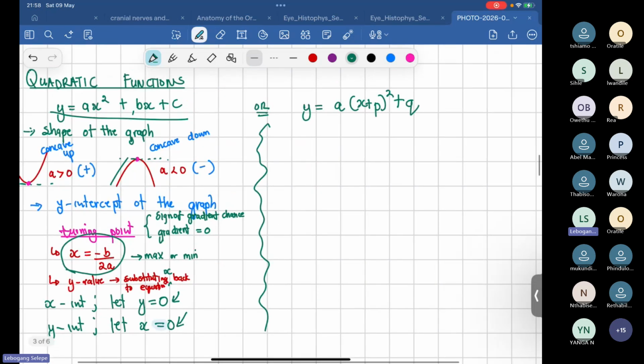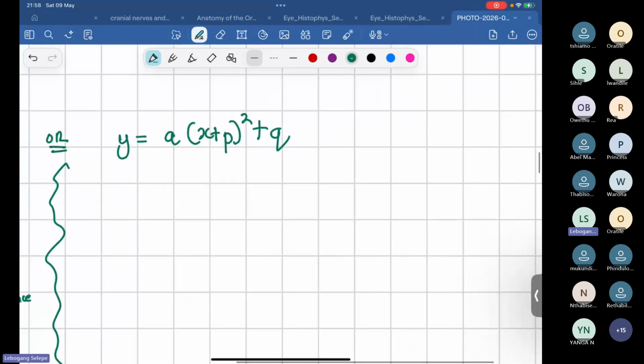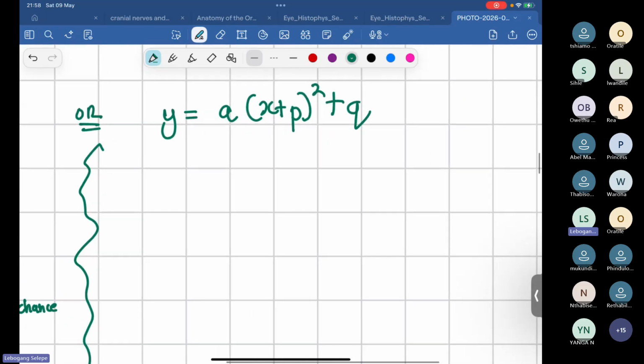Okay, on the right-hand side, again, this is still a quadratic function, or a parabola. But the way in which the equation has been written is different, for a purpose. If you are given the equation in this manner, there are only a few things that change.